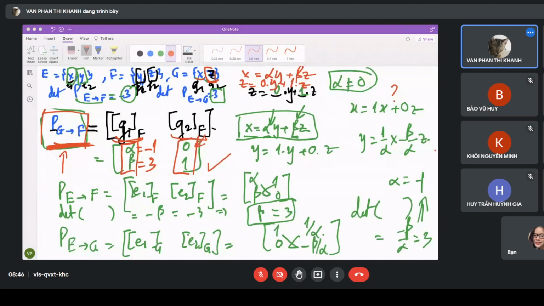Understand it? Okay. Similarly, you can find P from E to F, and you have this matrix. Given that the determinant of this matrix is 3, you can find beta. Got it?